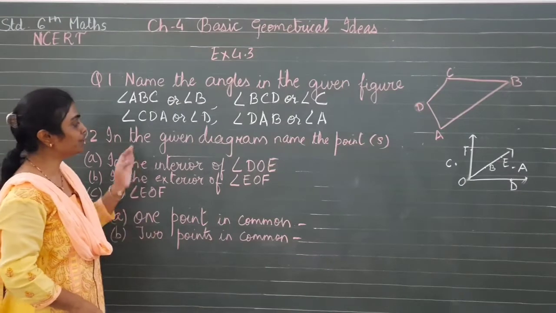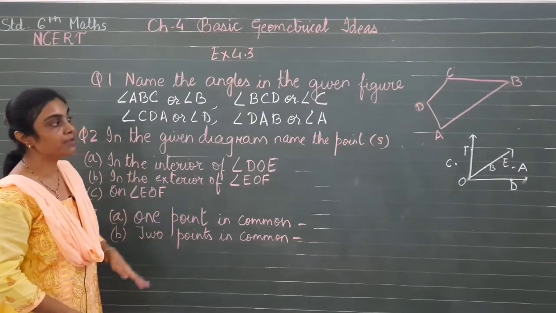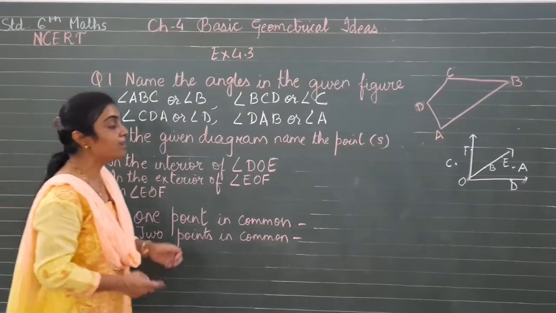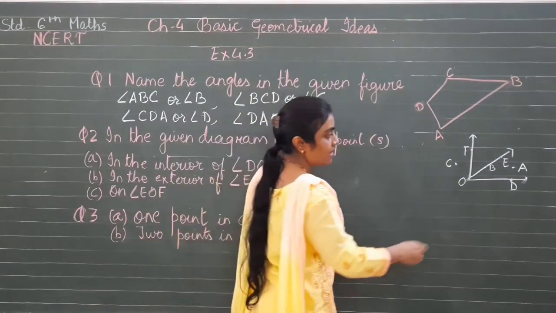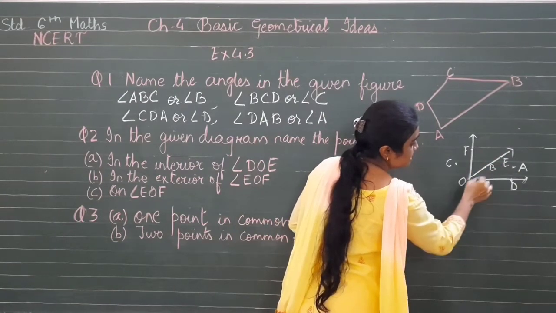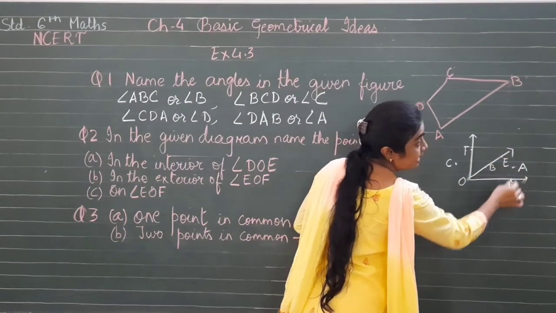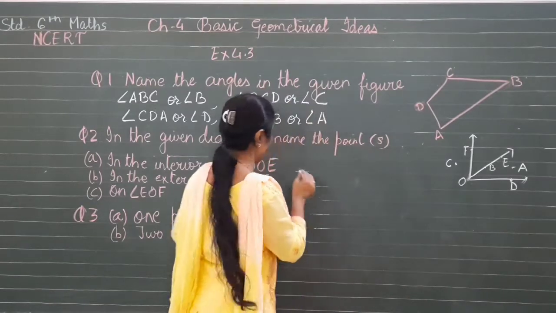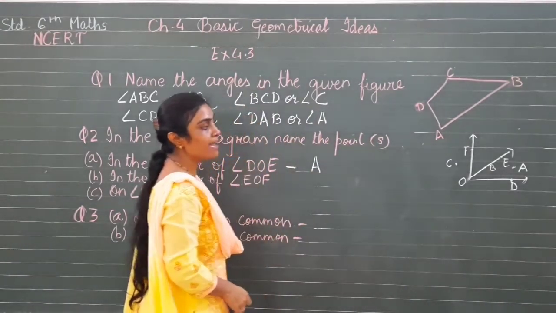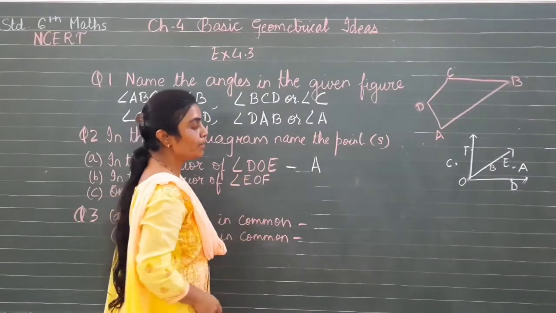Now second question: in the given diagram name the points. First, the points in the interior of angle DOE. This is angle DOE. Which points are in the interior? Interior means inside. So point A is in the interior of angle DOE.